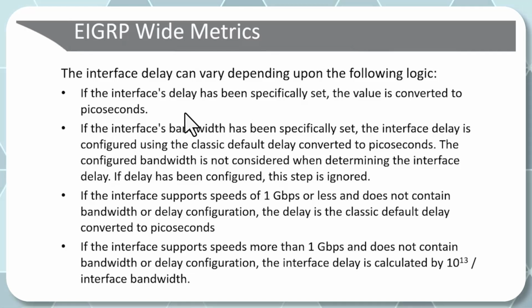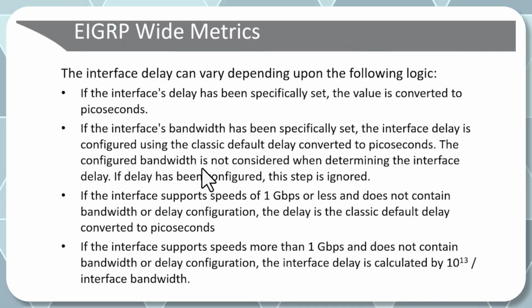Earlier, it was converting into microseconds. Here, it is converting into picoseconds. If interface bandwidth has been specifically set, the interface delay is configured using the classic default delay converted to picoseconds.